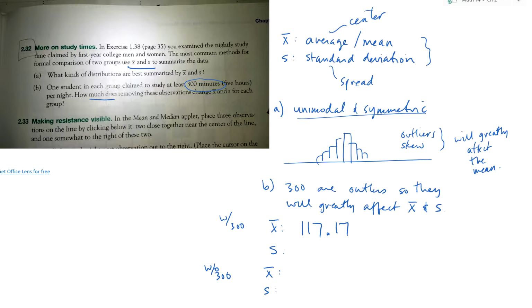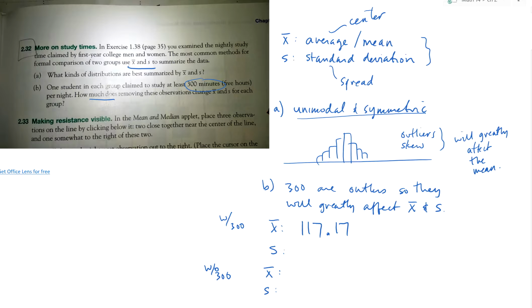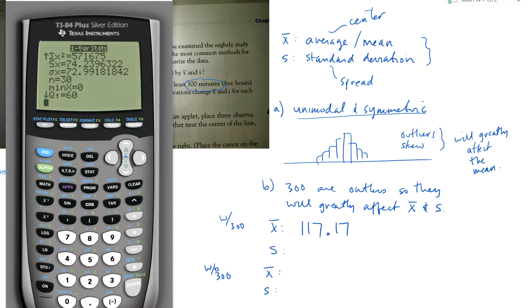And standard deviation, if I scroll down, is this one right here. It's S sub x equals 74.24 if I round it. S of x, that's my standard deviation, 74.24.